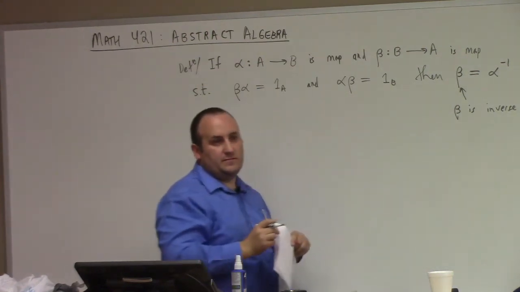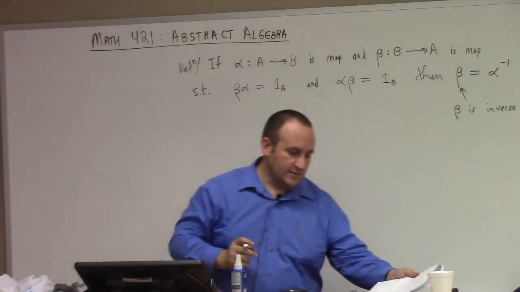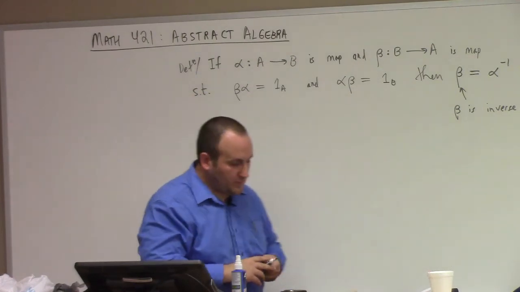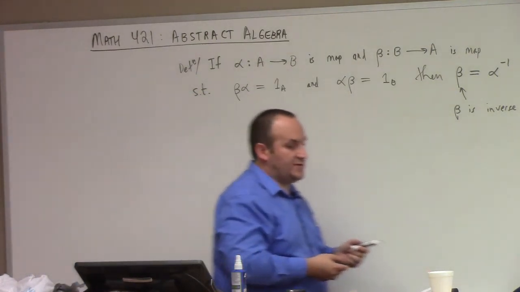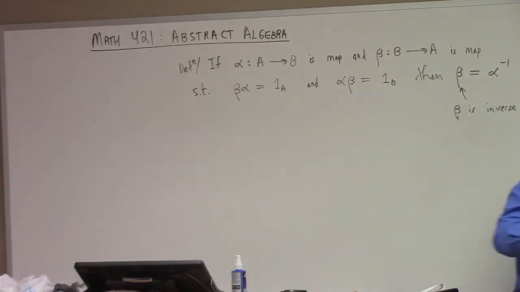Now the notation beta equals alpha inverse assumes the next theorem. Theorem 4 in this section of Nicholson proves that the inverse, if it exists, is unique. So this notation alpha inverse is not ambiguous. There's just a single inverse function, if one exists.